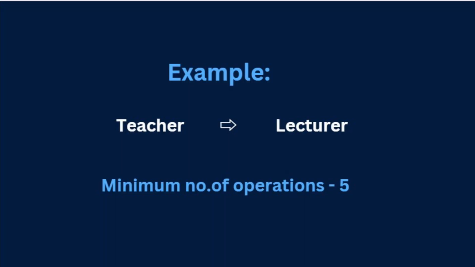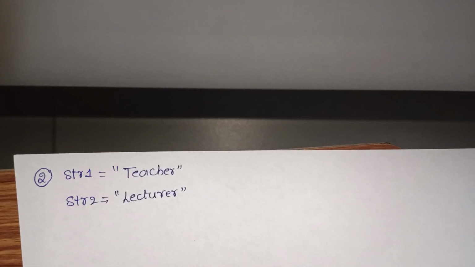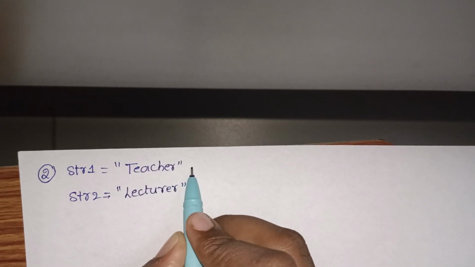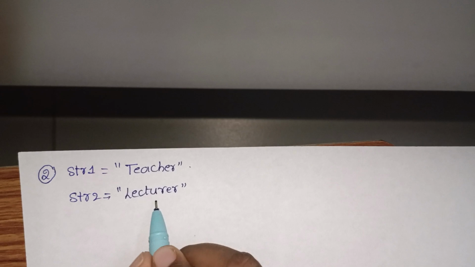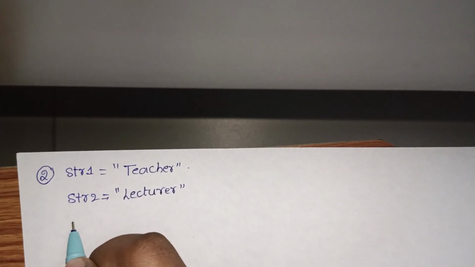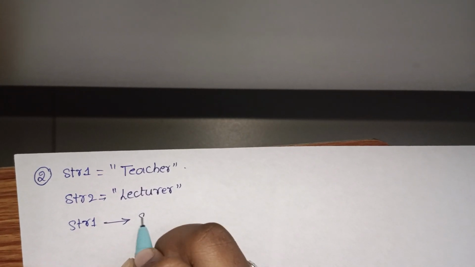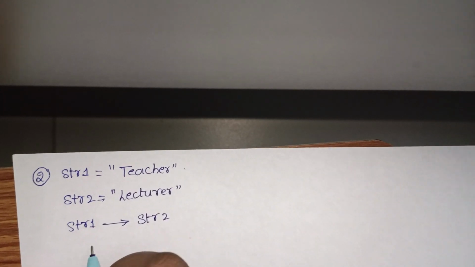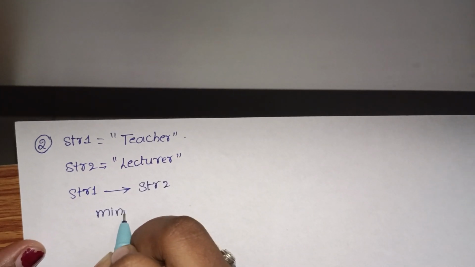Let us consider another example that converts teacher to lecturer. In this example we are taking string 1 as teacher and string 2 as lecturer. We have to transform string 1 to string 2 with the minimum number of operations.